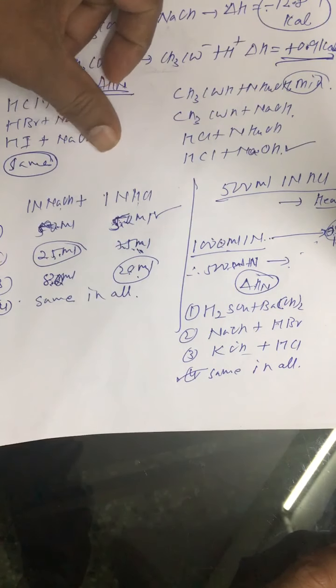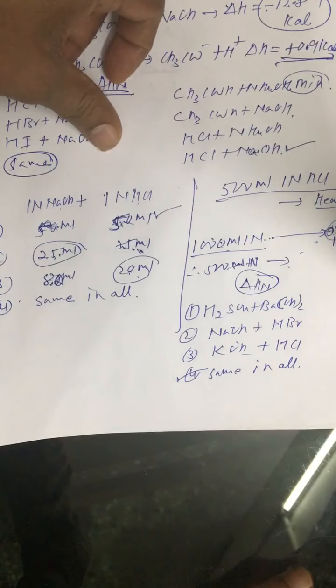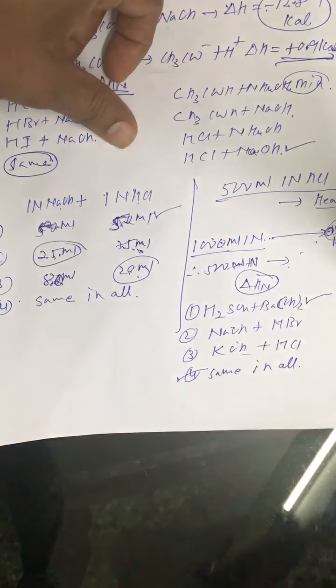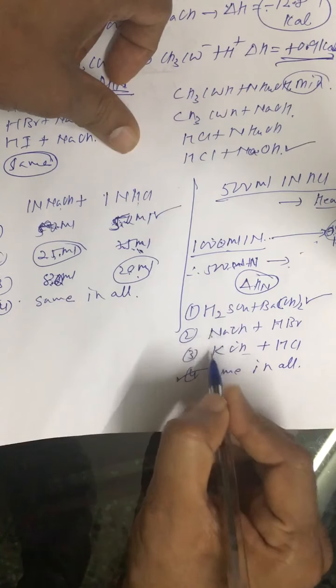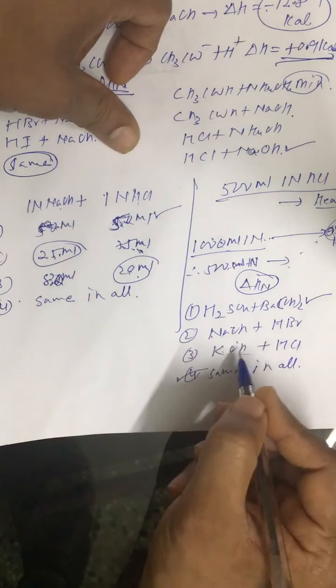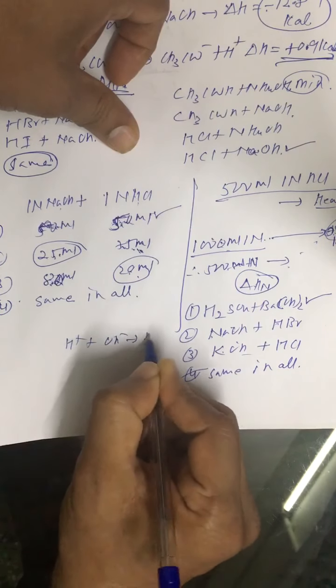Now suppose the question is, in which case is the maximum amount of heat released? Now the correct answer is the first one. Reason: when we are adding KOH and HBr, H positive plus OH negative gives water.